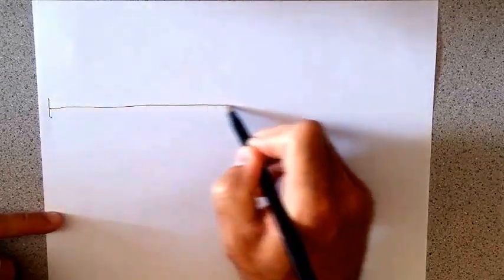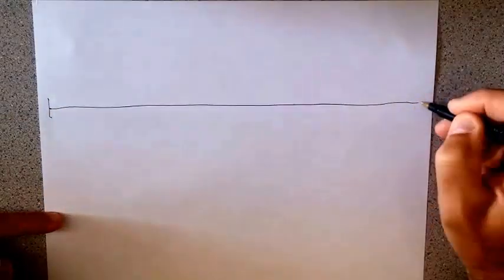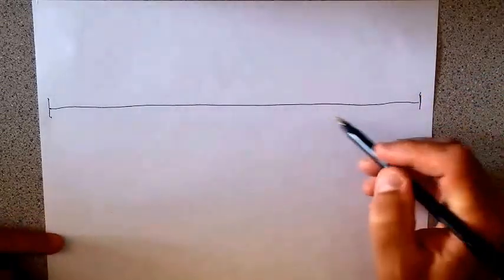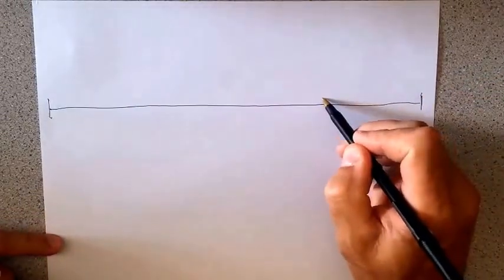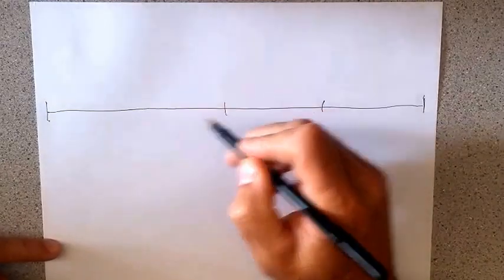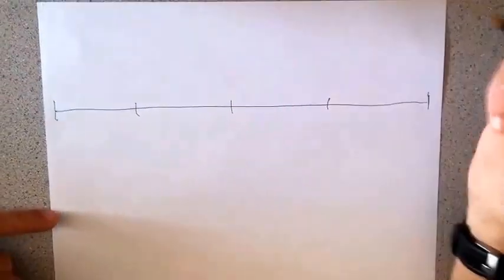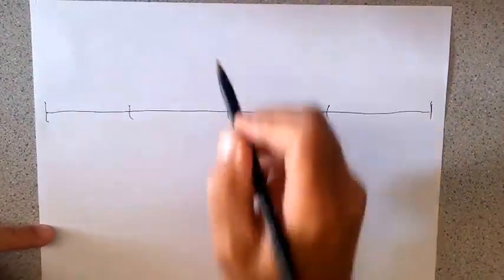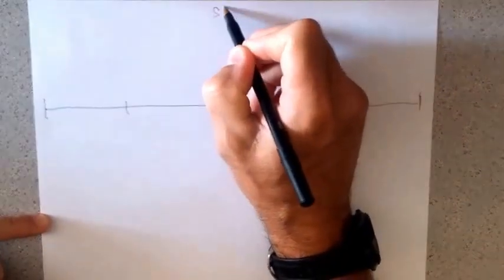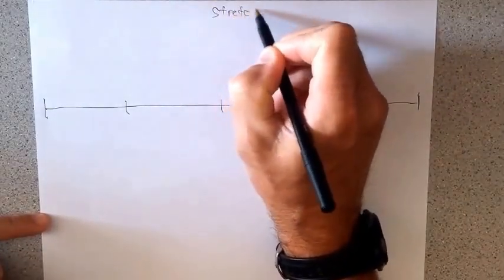So if we put a line down here, all the way over to here, then we put this into 4 quadrants. 1, 2, 3, 4. I want you to think of these as being stretching zones.